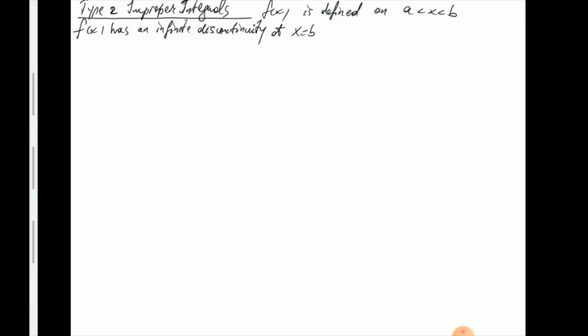In that case, if you want to compute the integral from a to b of f of x dx, then you replace the point of discontinuity, b in this case, with a variable, let's call it c. Compute the integral, and then you let the limit of the answer as c approaches b from the left side. So that was the previous example, basically.